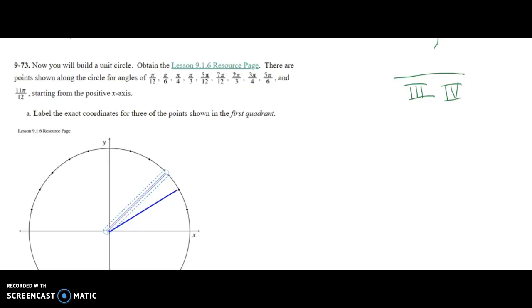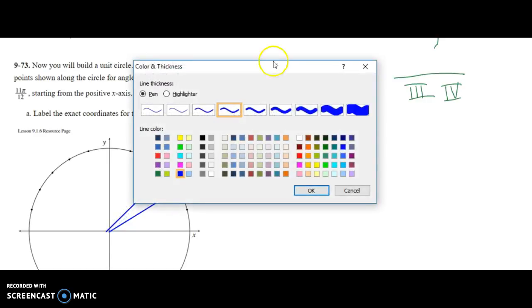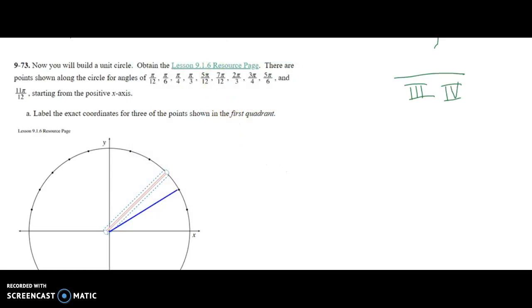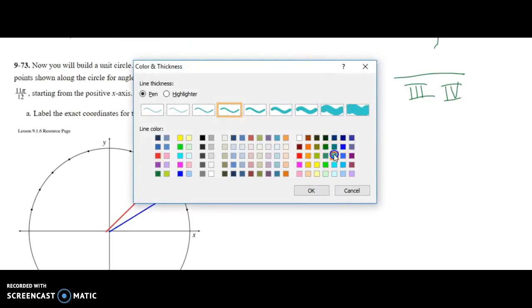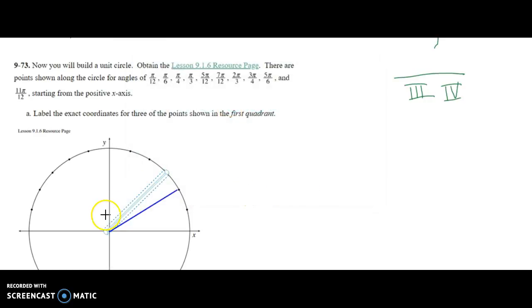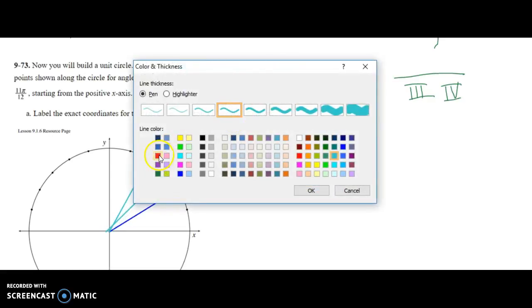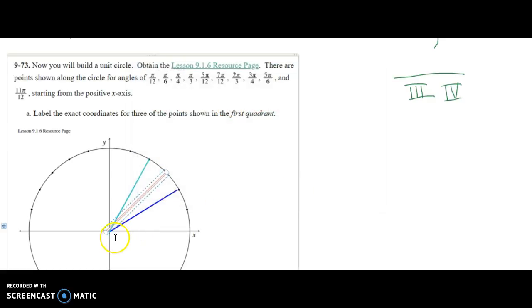And actually, let me change the color so we can see some difference in colors too. And then a third point, and let's do a little different color here. That changed colors on us, so we'll just change it back.